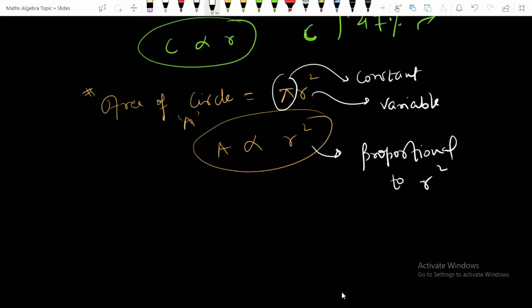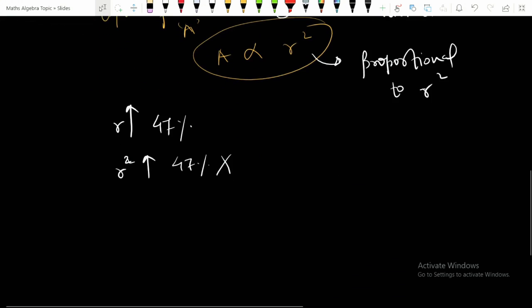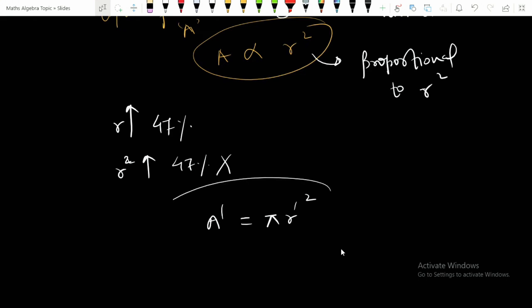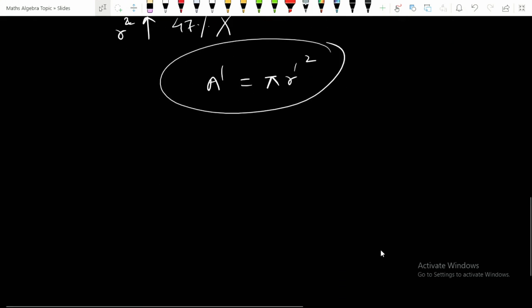So we cannot say if r is increased, area is increased by the same proportion. How? Because if r is increased by 47%, then for r square we cannot say it is 47%. It is a different thing. Why? Let's see it. Suppose A dash equals pi r dash square, the new area, let's say. So r dash equals what? 47% increase.